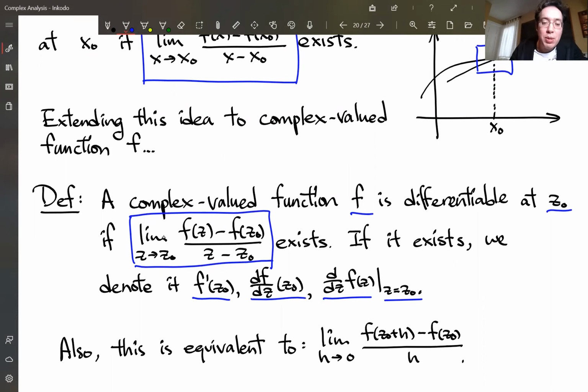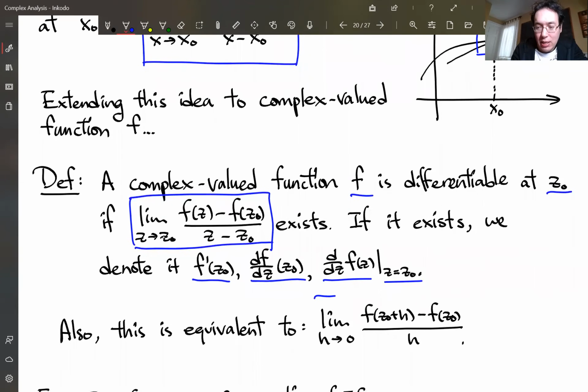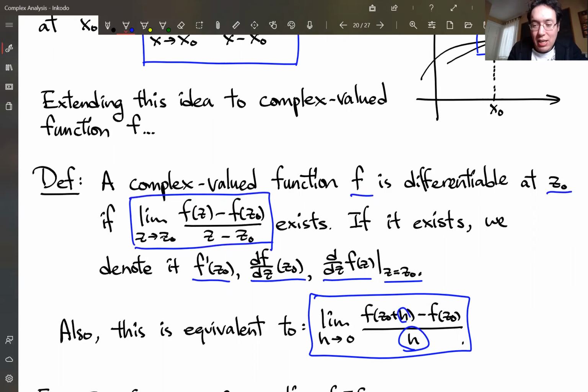Okay, also, it is equivalent to taking this limit. You might be more familiar with dividing by h and adding h to z naught. This is totally equivalent. You just replace h with z minus z naught.